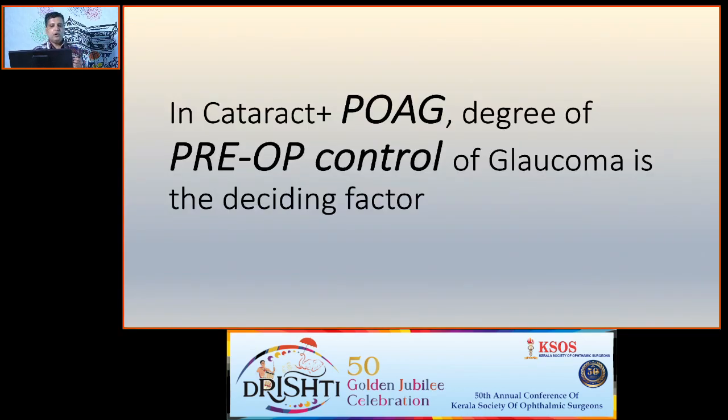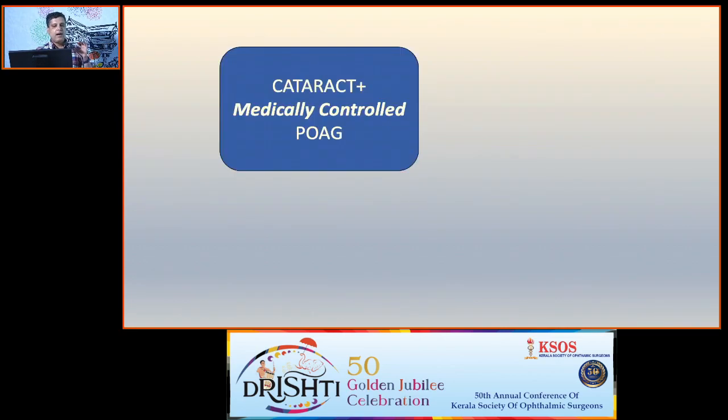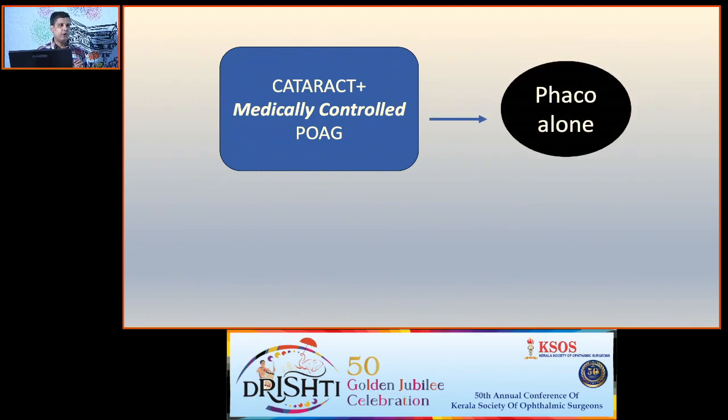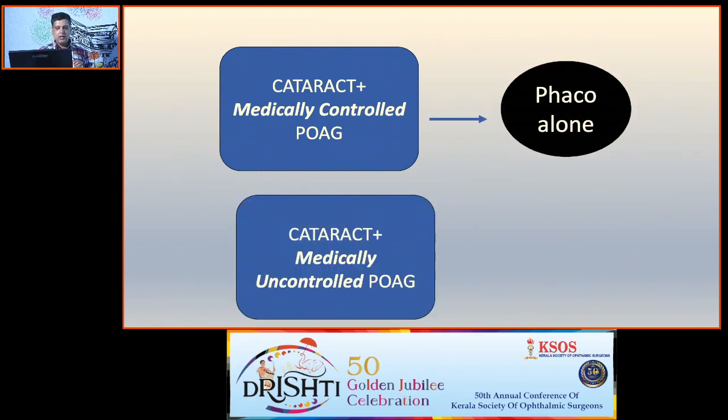So, if you have cataract and primary open angle glaucoma, it is the degree of pre-op control of glaucoma that is the deciding factor. If you have a medically controlled POAG, you can generally get away with phaco alone. If you have a medically uncontrolled POAG, since the effect of phaco on POAG in terms of IOP reduction is very low, you will have to add on an IOP lowering procedure.